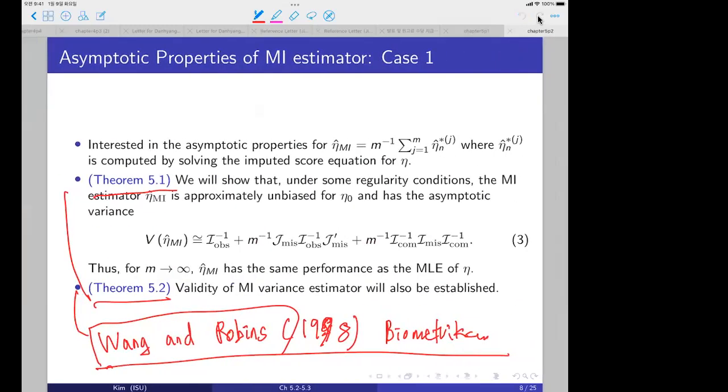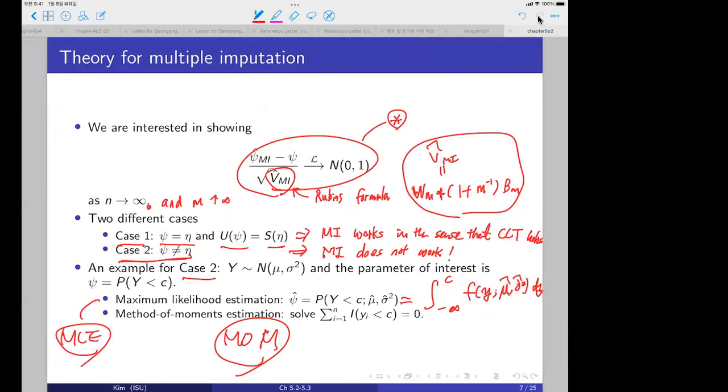For the maximum likelihood estimation of psi hat, will the CLT work or not? In the second last line, this one holds. But if psi hat is the probability that y is less than c, with mu hat and sigma hat squared, then that is case 2, not case 1.